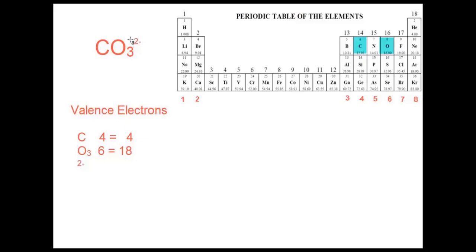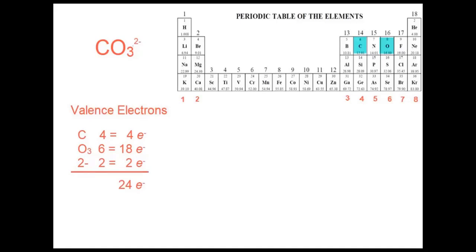If you've got a negative charge, that means that you've got to deal with extra electrons, and those extra electrons are going to have to be incorporated. They're tossed into the mix here to make our molecule, so we're going to put in 2 more electrons. We have a total now of 24 electrons to deal with, so let's keep going.